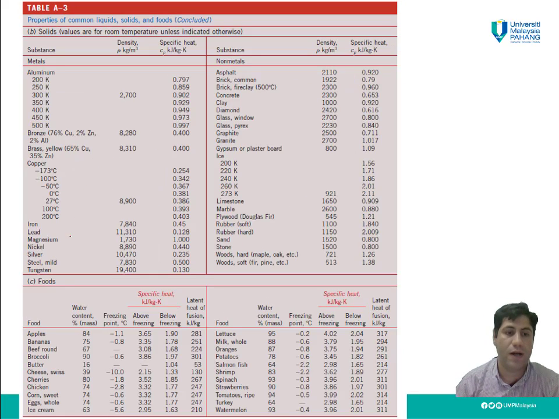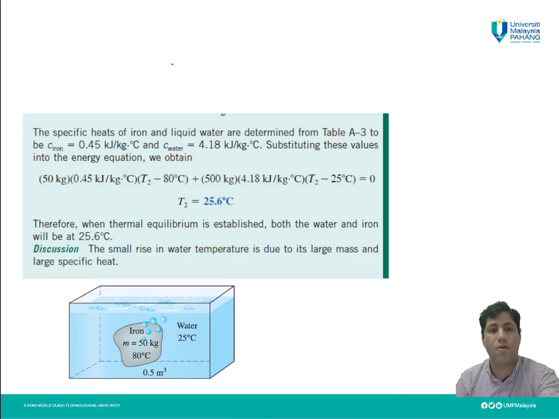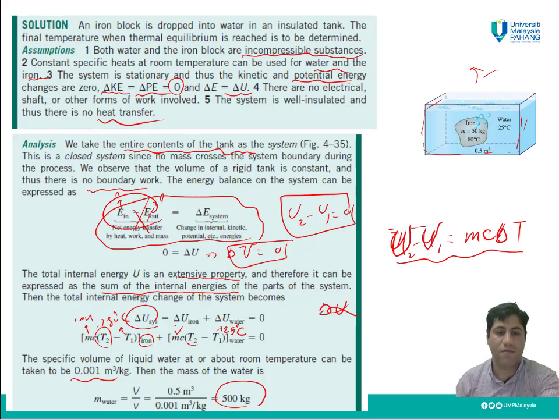And for iron, which we can find in table A3b, the specific heat is 0.45 kilojoule per kilogram Kelvin. So we can find the specific heat for water and for iron from the table.